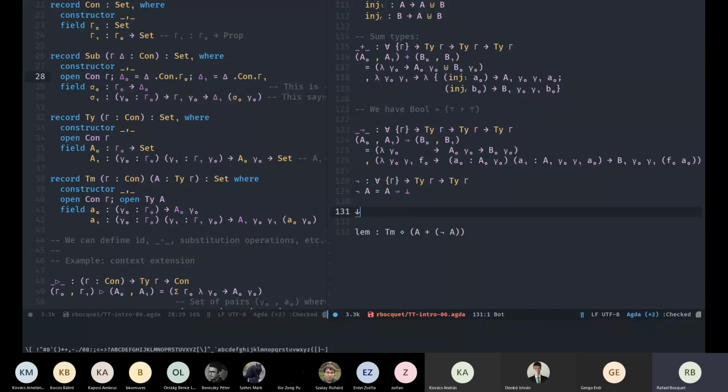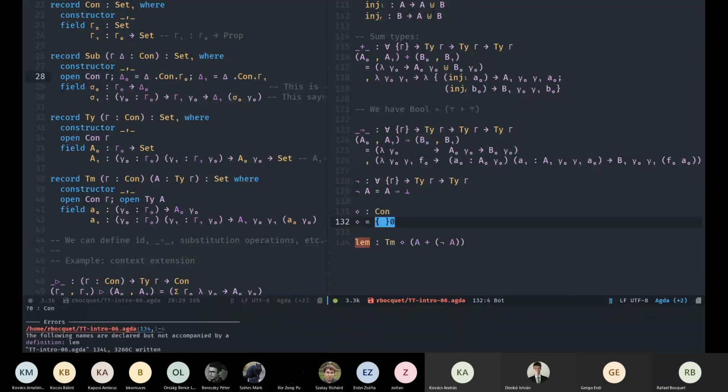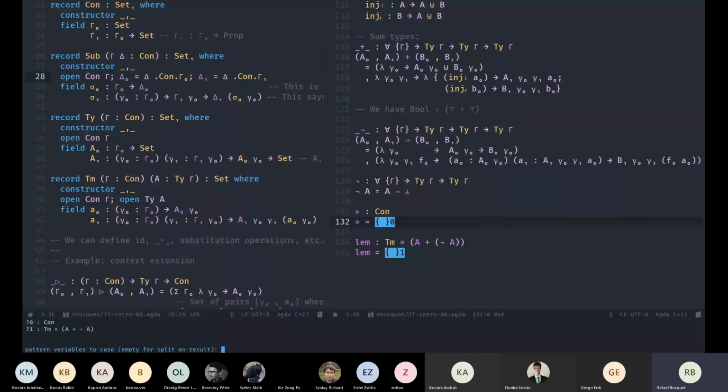Well, I need to define the empty context first. Okay.